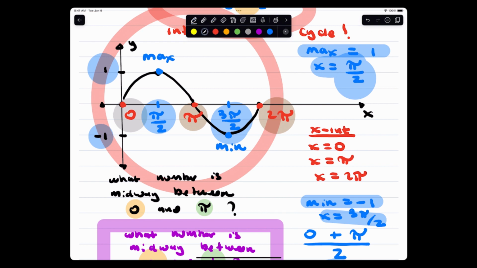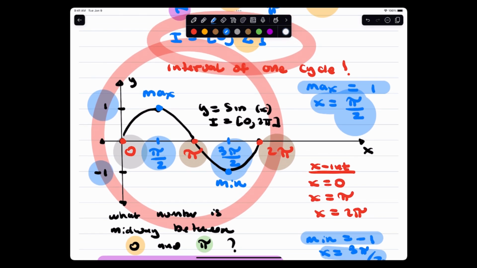Now, this is really over just the curve y equals sine for the interval of one cycle that starts at 0 and ends at 2 pi. Okay? That's the whole idea behind this phrase, interval of one cycle. So I have to step out and go, hey, what are they even talking about? That's what they're talking about, all this gory detail.